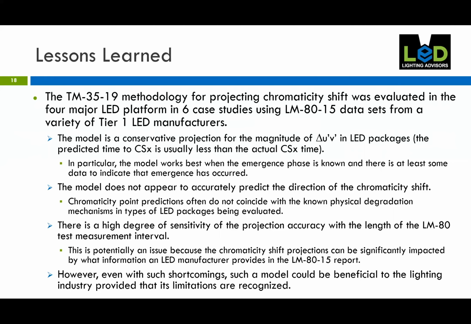However, even though there are these shortcomings that have been identified with the TM35 model, this model could be beneficial to the lighting industry provided that its limitations are recognized. And in many cases, the magnitude of color shift is a conservative estimate. So as long as we take it for what it can do well, there can be benefit.